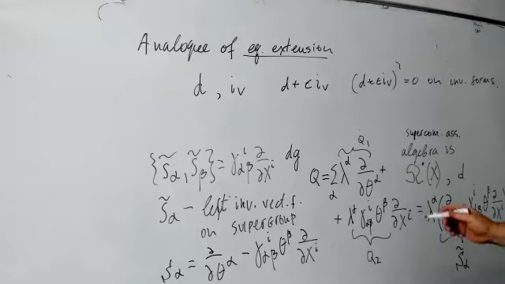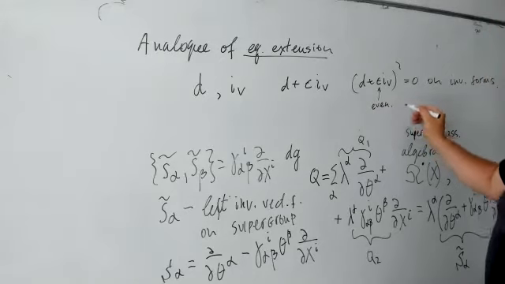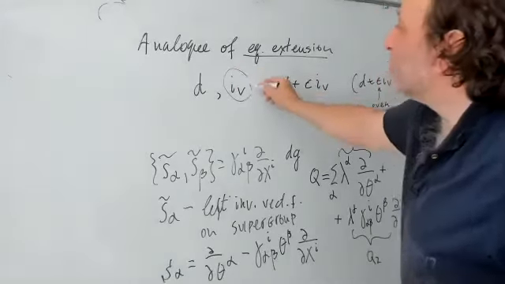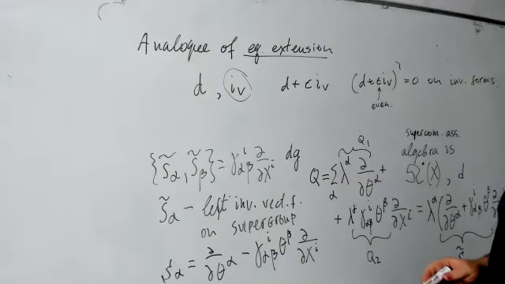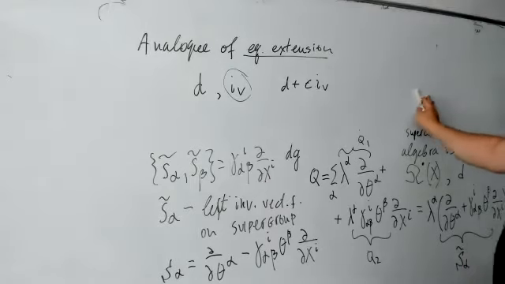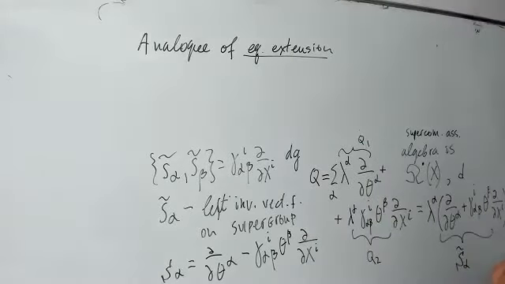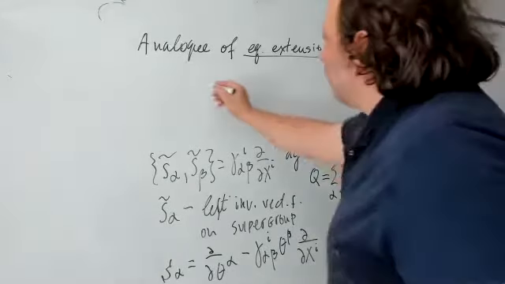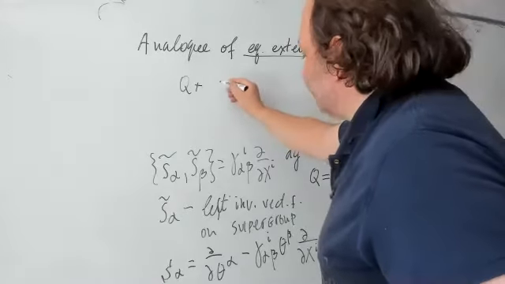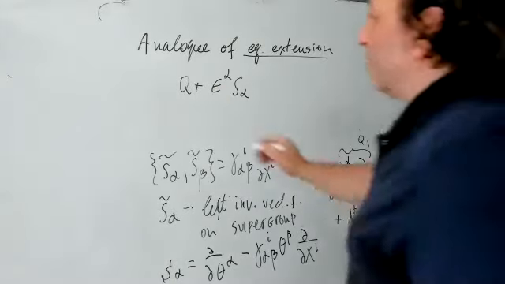This epsilon is even because IV corresponded to the odd symmetry. Now we can play a similar game. We consider Q plus epsilon alpha S alpha. We will call it Q epsilon.